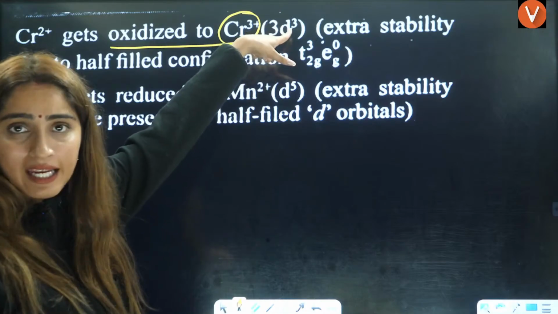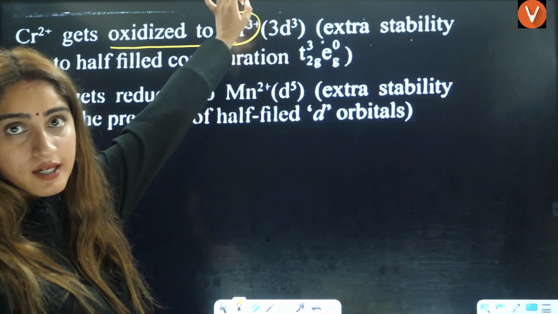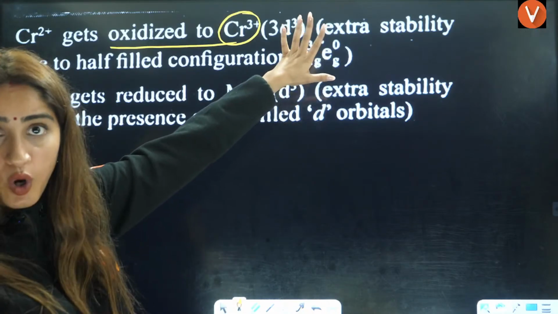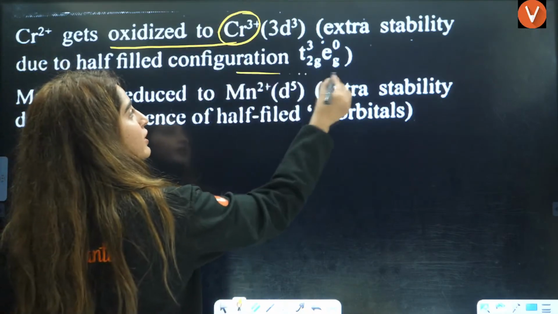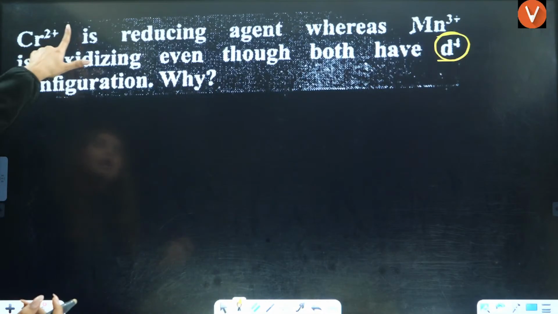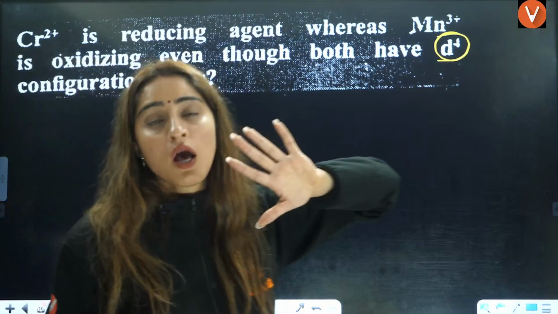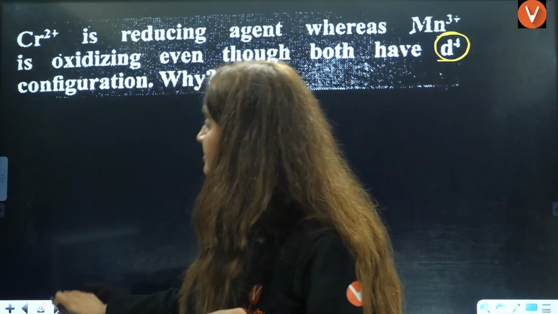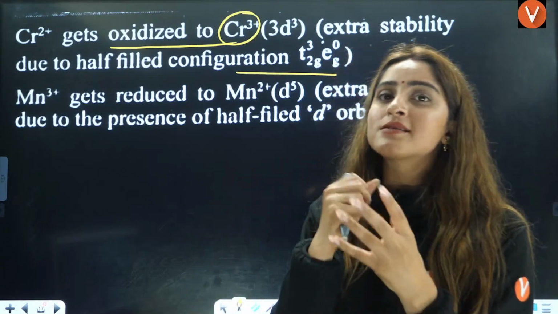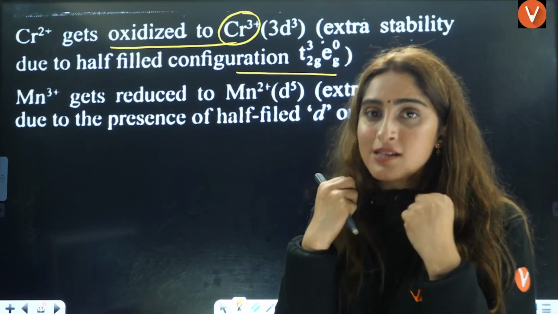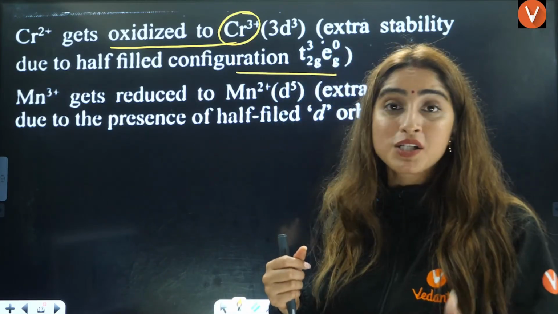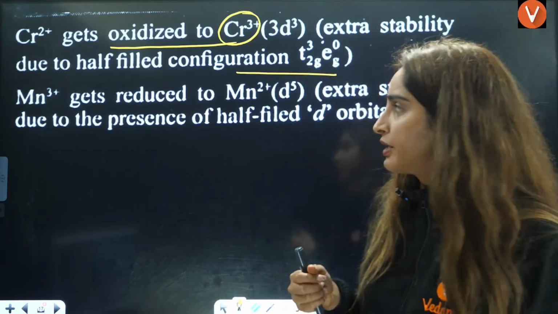Because of 3d3, a half-filled subshell, it has t2g3 and eg0. Because of this kind of configuration, it is extremely stable. That is why Cr2+ is a reducing agent, because it is easily converted to Cr3+. The oxidation number is increasing, itself it is getting oxidized, so it is going to reduce something else. That is why Cr2+ is a very good reducing agent, right?